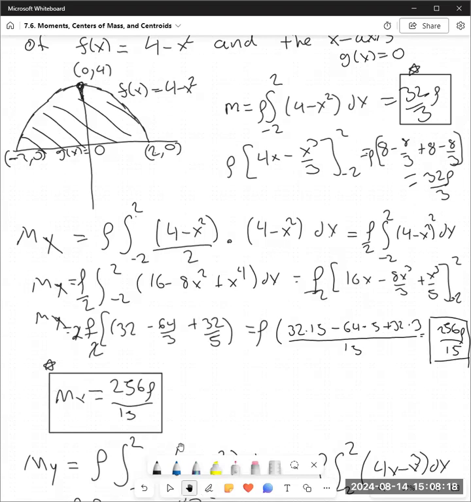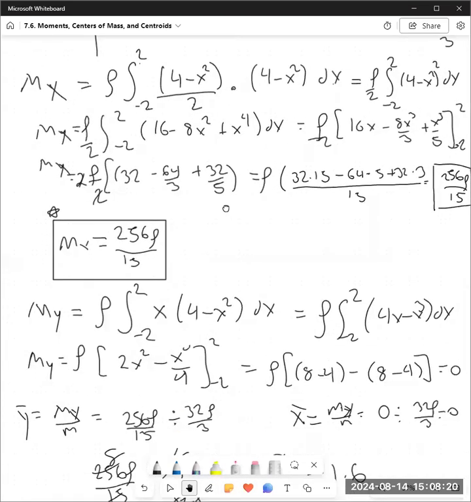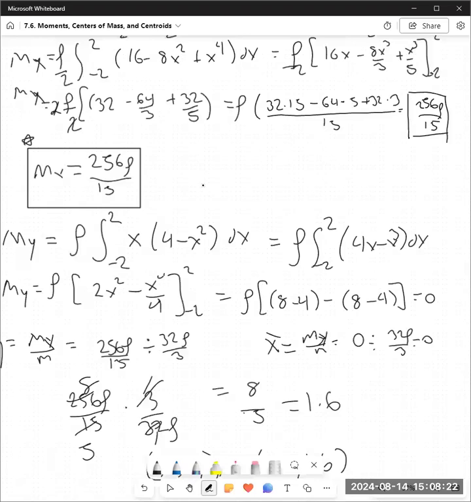Now we move on to finding m sub y. And m sub y is going to be rho times the integral from -2 to 2 of x times 4 minus x squared dx. So we go ahead and distribute that x there. That's 4x minus x cubed here.